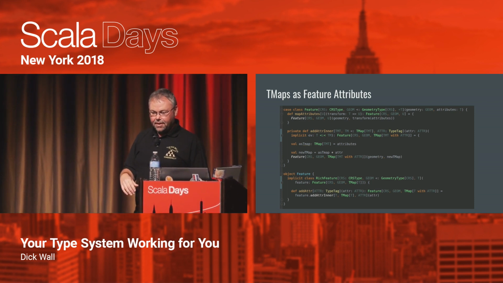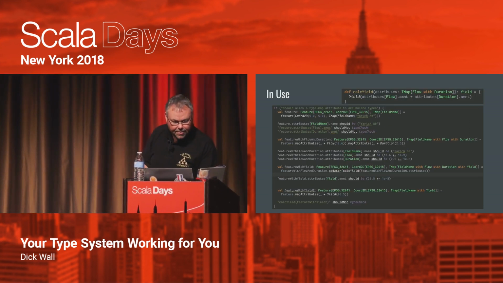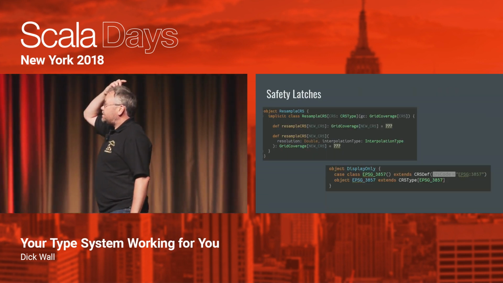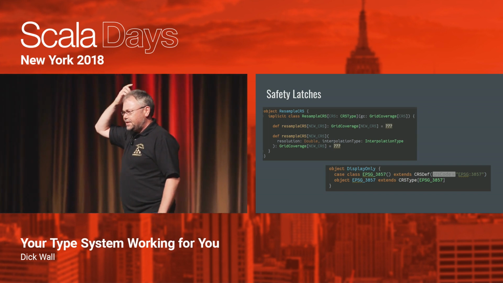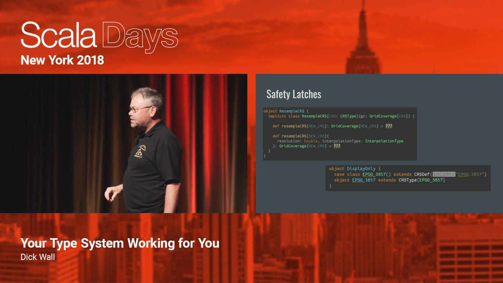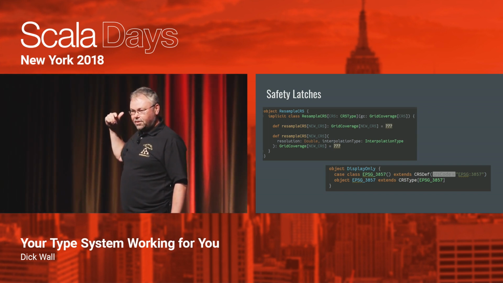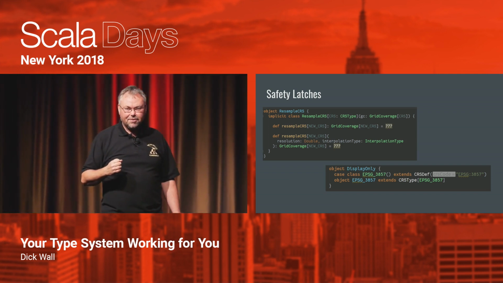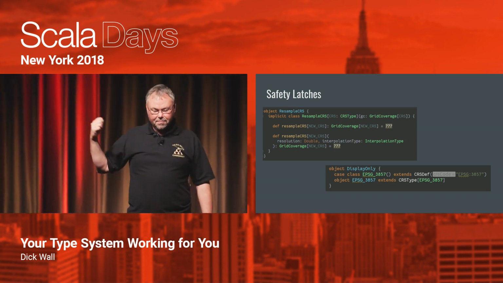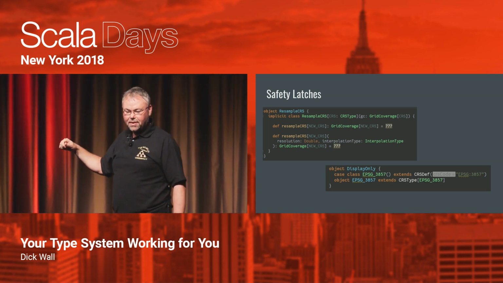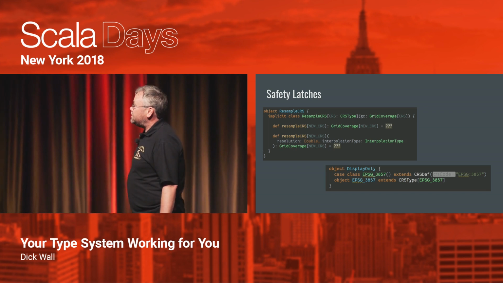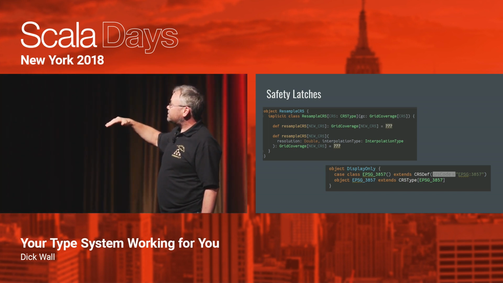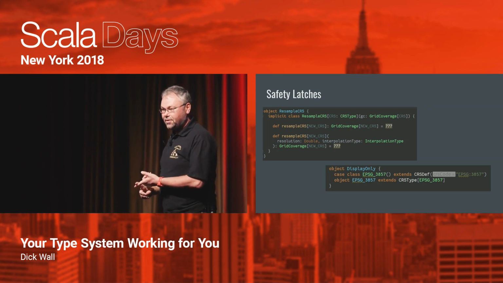All right. So the one last one I'm going to hit in the dying seconds is a couple of safety latches. Easy things to do, but inspired by SIP 18, which is the import language features. We wanted to make it so that it's not impossible to resample, but you have to really want to do it, and you're not going to do it by accident for rasters or coverages, as we call them. So you just make an object called resample CRS, and inside of that, there's another implicit class that adds the resample methods that you need.